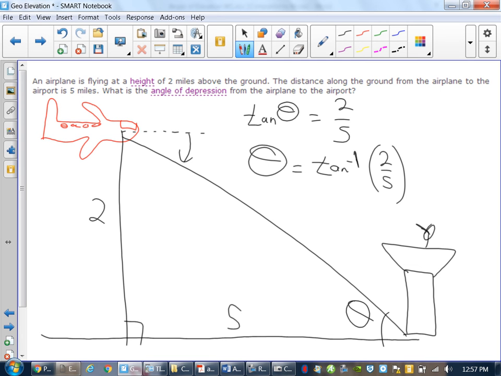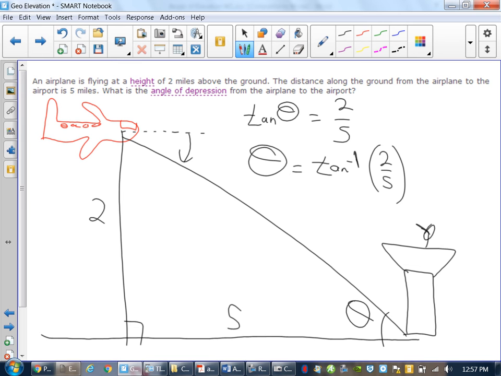Oh wait, no, this was the one where the kid wrote down the wrong number. He changed the 5 to a 4. I remember that now. So write down what you're going to put in the calculator before you do it. When you do that, it shows that you know what you're doing. That was the main reason why I kept having you do that last week, over and over again.